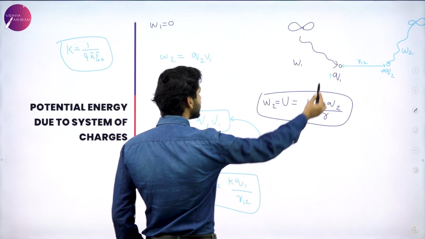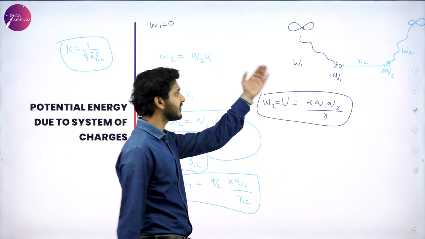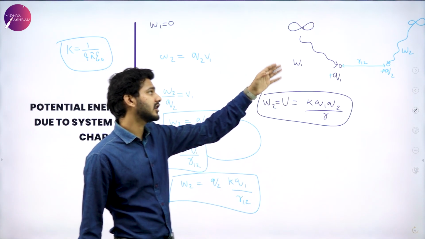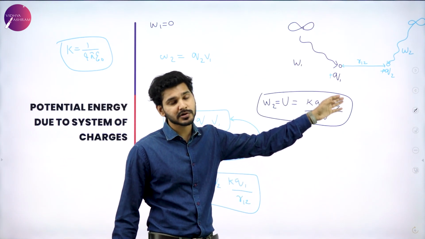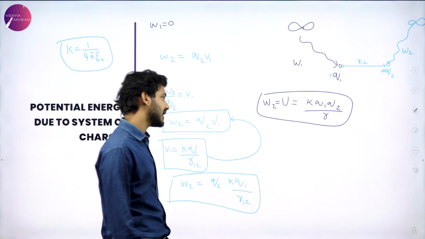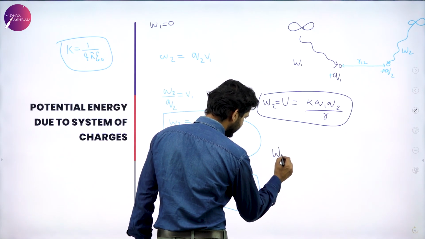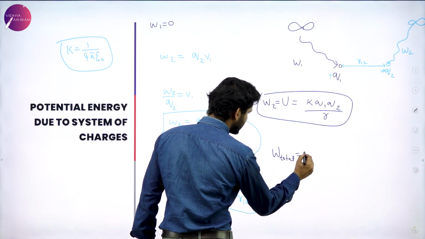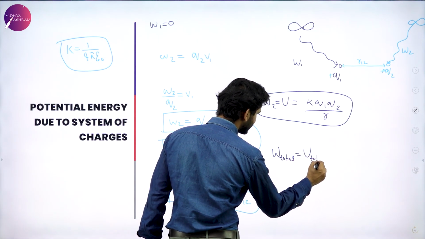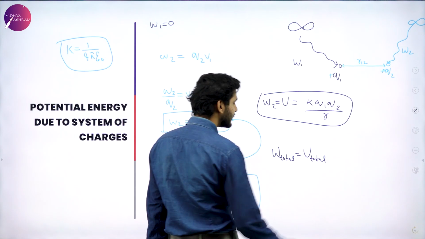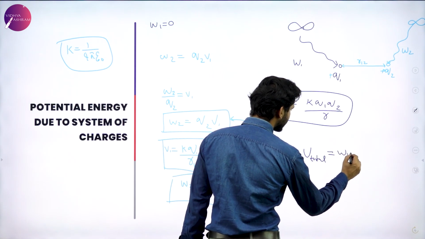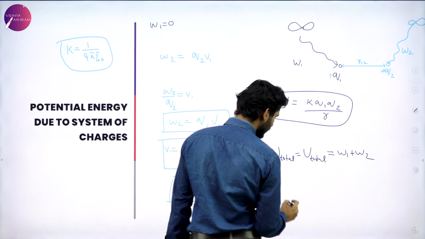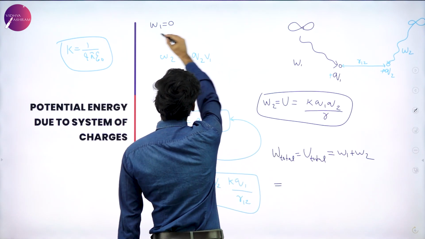That is, if there is Q1 and Q2, Q1 being brought from infinity to that particular point and Q2 being brought from infinity to that particular point, then we can say that the net work, or the total work, is equal to the total potential energy of that particular point, which is given by W1 plus W2. And W1 is nothing but 0.